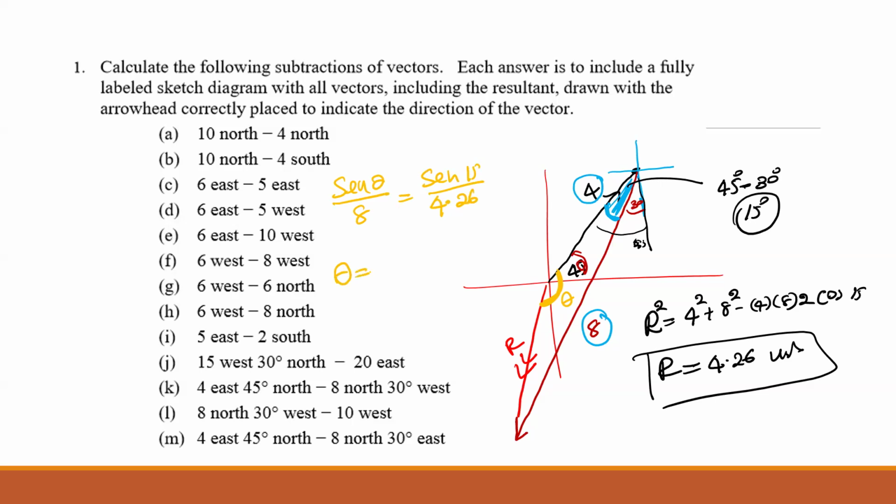Can you find me the theta, please? So 8 times sine 15 divided by 4.26, take the sine inverse of that. What do you get?